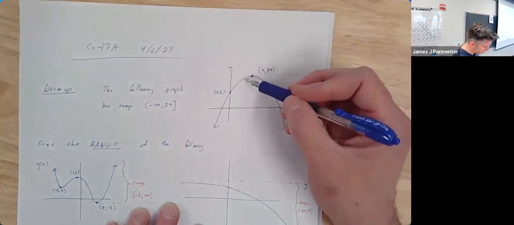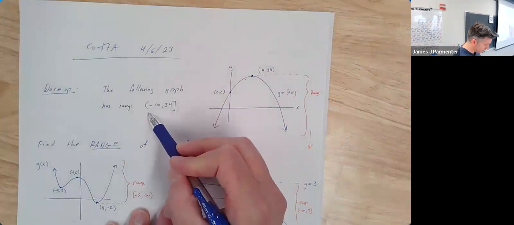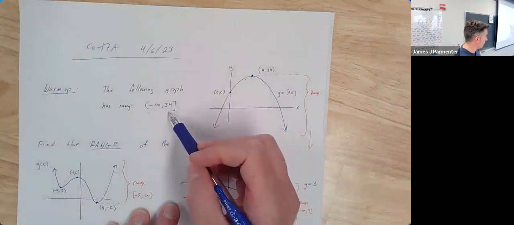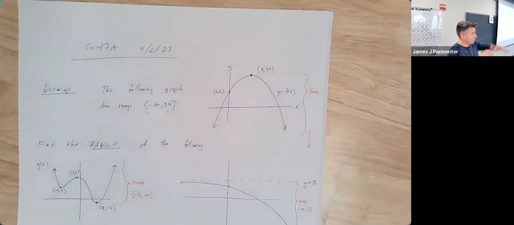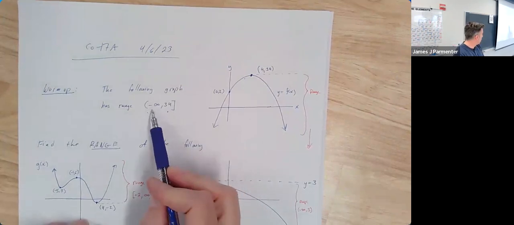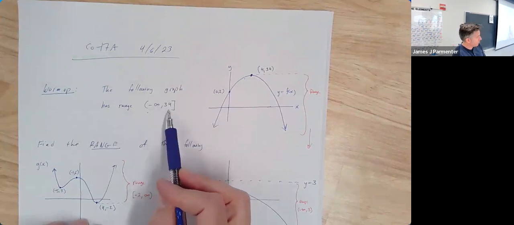And the range here was -infinity up to a y value of +34. So if your parabola opens downwards, it's going to be -infinity to something. If it opens upwards, it's going to be something to infinity. And always the smaller numbers, or the more negative numbers, on the left, the bigger numbers, or the less negative numbers, on the right.